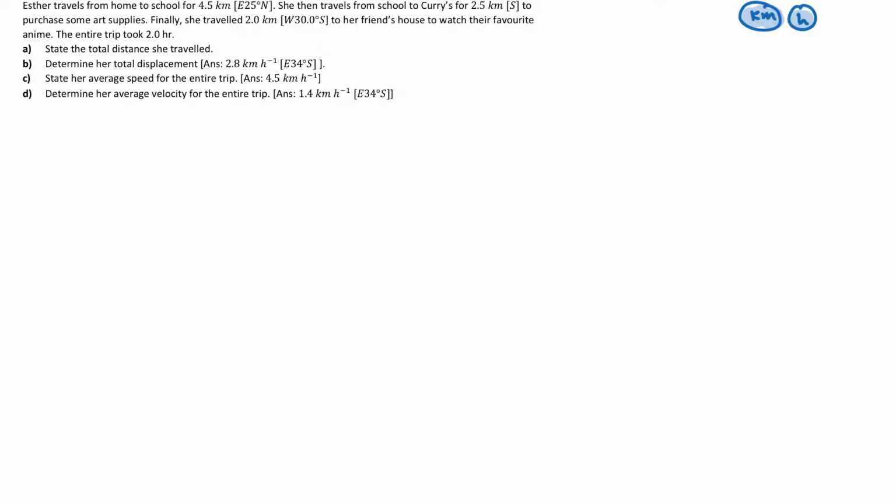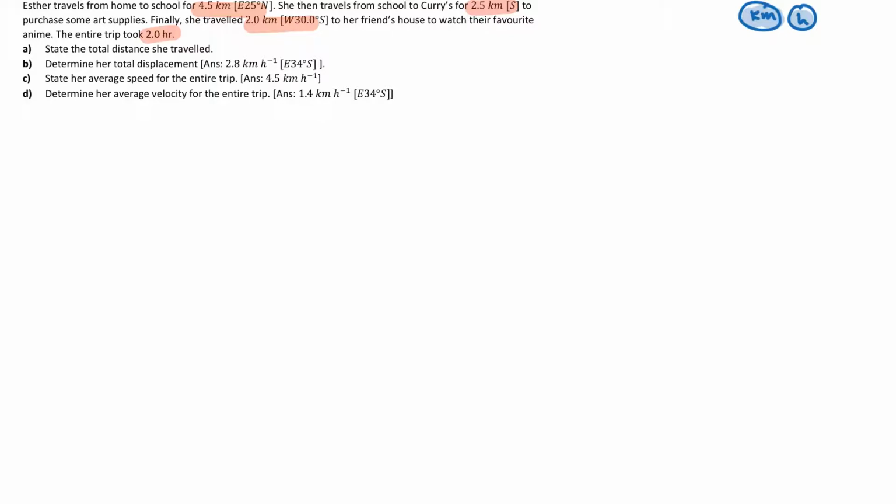So there's a few things happening here, so I'm going to highlight a few things. We got initial trip is 4.5 kilometers and 25 degrees north of east, and then 2.5 kilometers south is the second trip, and the third one is 2 kilometers 30 degrees south of west. The entire trip takes 2.0 hours.